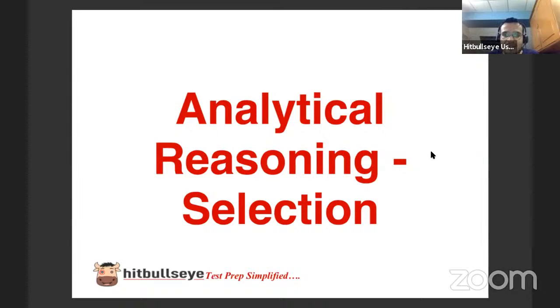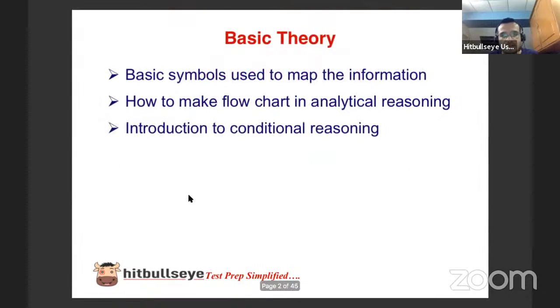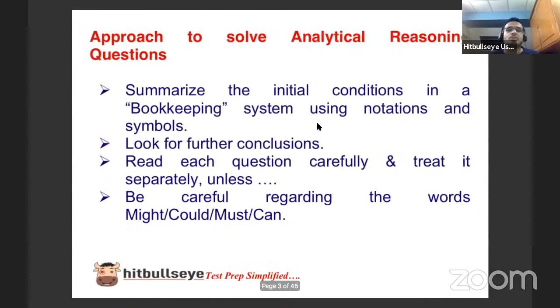Today's topic is analytical reasoning, and what we are going to do here is plain and simple. Whatever information is given, you have to create the diagram for the same, and then you have to solve the question given, right? Bookkeeping of the information has to be done, and look for further conclusions, whatever you can conclude from the information given.